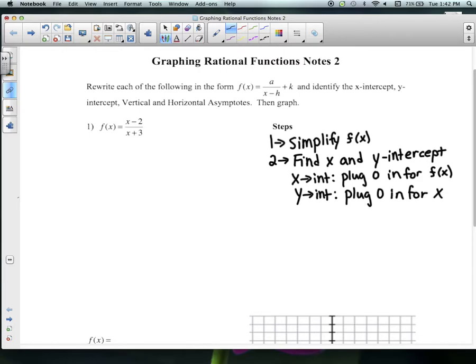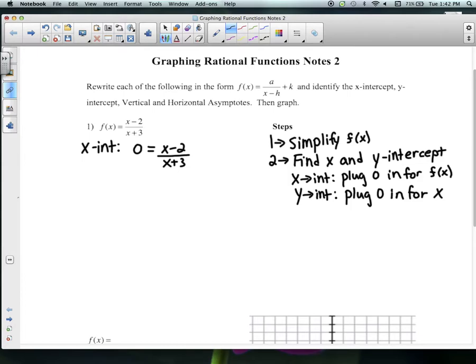Doesn't really matter what order you do these in, so I'm going to do the x-intercept first. And in this situation, it's probably the best thing to solve it almost as if you're doing a proportion.